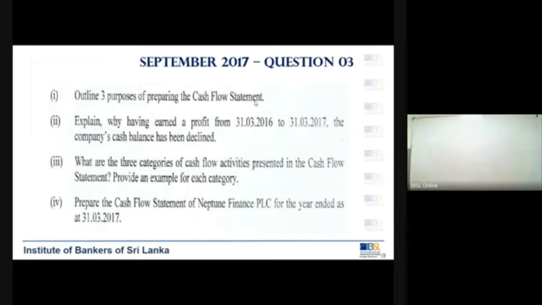So you don't talk about the income, whether it is received in cash or not. Similarly, you don't talk about the expenses, whether it is paid in cash or not.